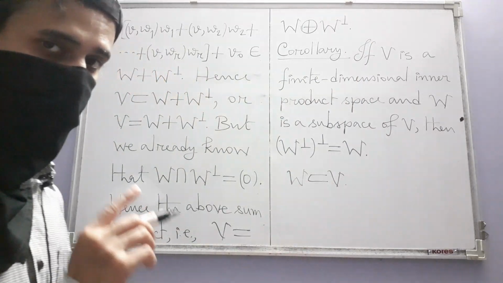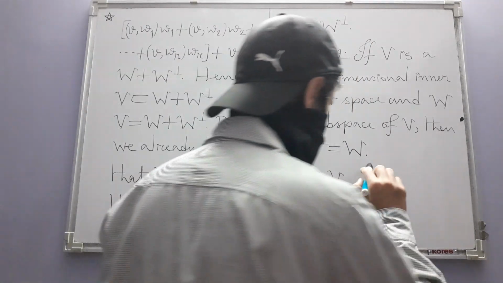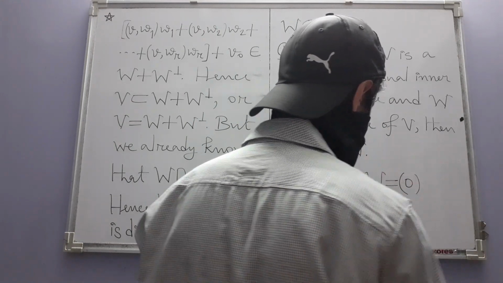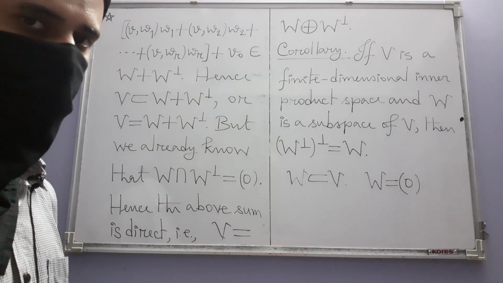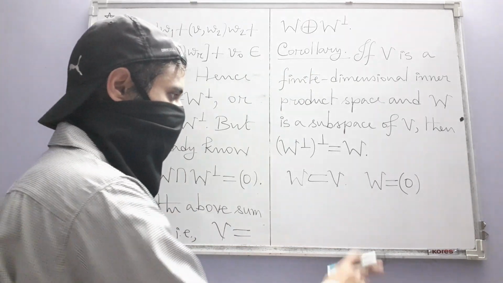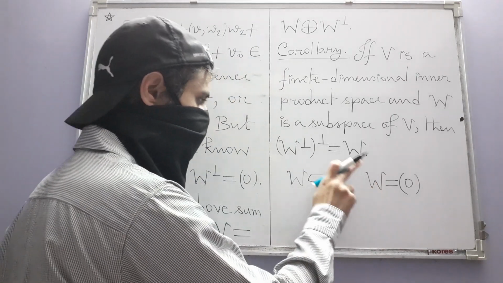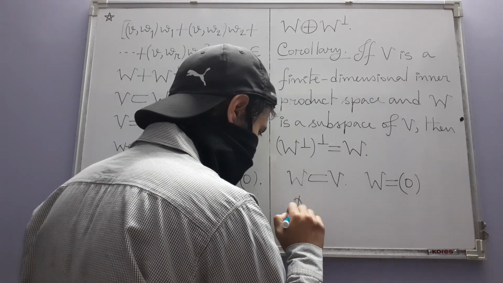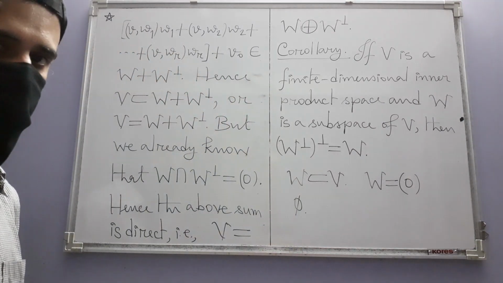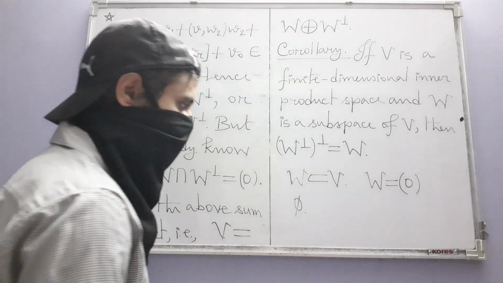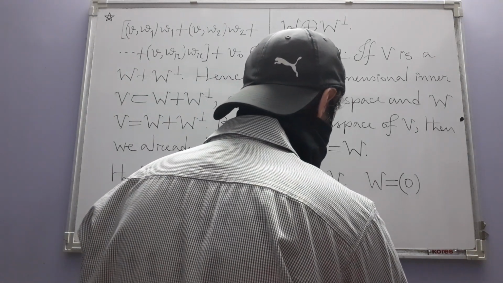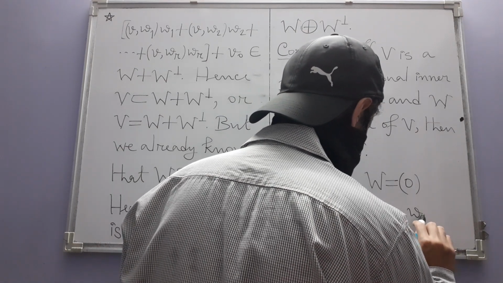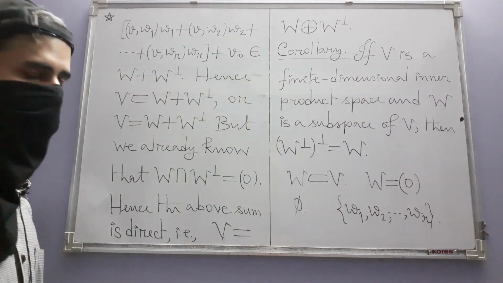But there is a special case, which is this. W itself may be the zero subspace also, because that possibility is there. For this particular subspace, the basis is the empty set, and definitely the basis that we wrote, which is an orthonormal basis for W, in this case does not work.